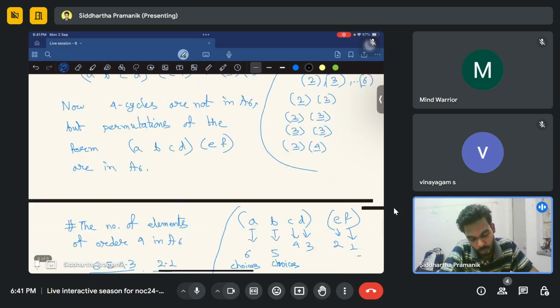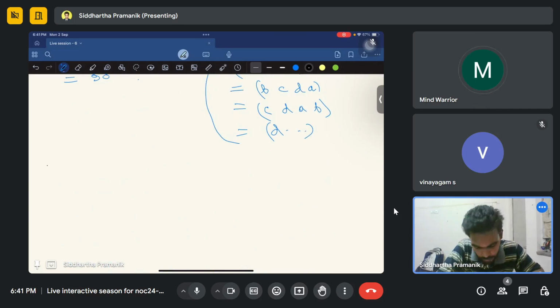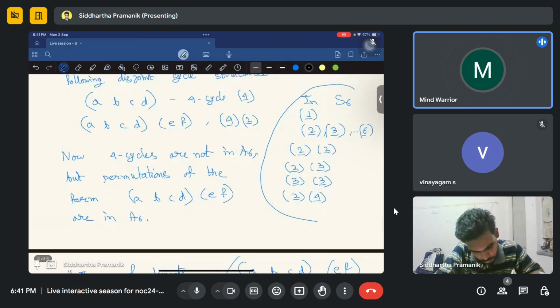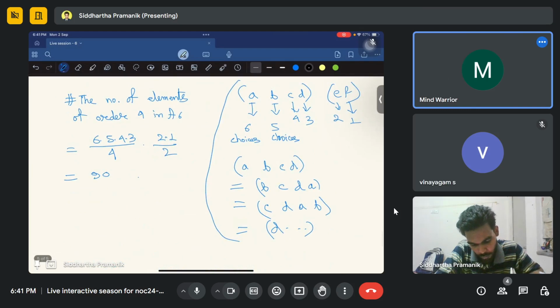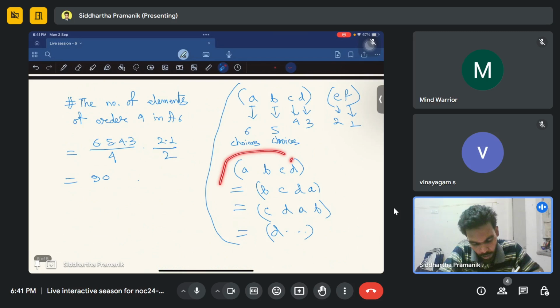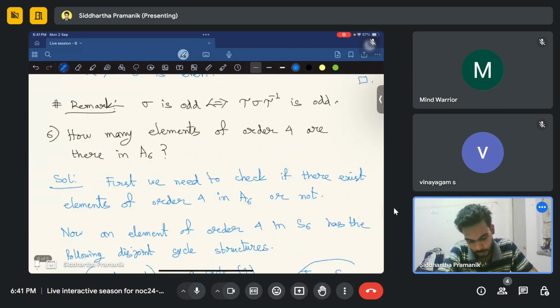So now let's move on to another problem. I have a doubt. Yeah, tell me. While dividing for repetition, don't we need to divide by 4 factorial and 2 factorial? Not 4 factorial. We have exactly 4 repetitions, right? Not 4 factorial repetitions. Okay. Yeah. Anything else? No.